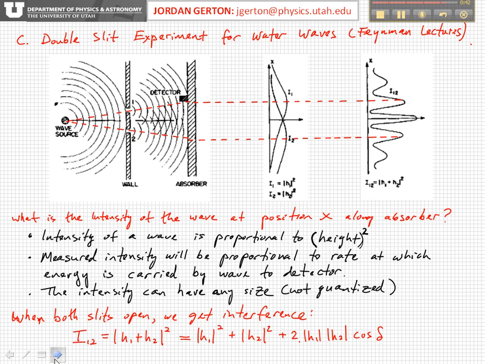We find that the intensity distribution when both slits are open, I12, instead of being equal to the sum of the two intensity distributions, is actually such that we first have to add the heights of the two waves, and then we square it. So basically, we're adding amplitudes first and then squaring. And if you work it out, it looks like this.